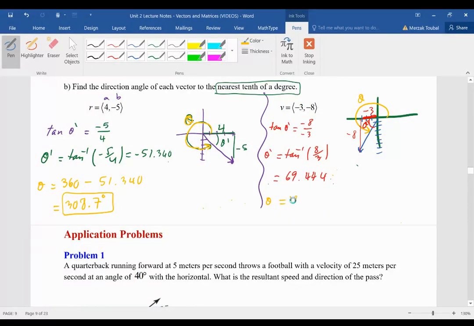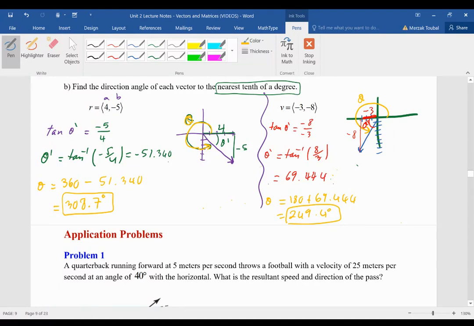So it's 180 plus 69.444, which is 249.4. And with this, we have found the direction angle for example B as well. So 249.4 degrees.